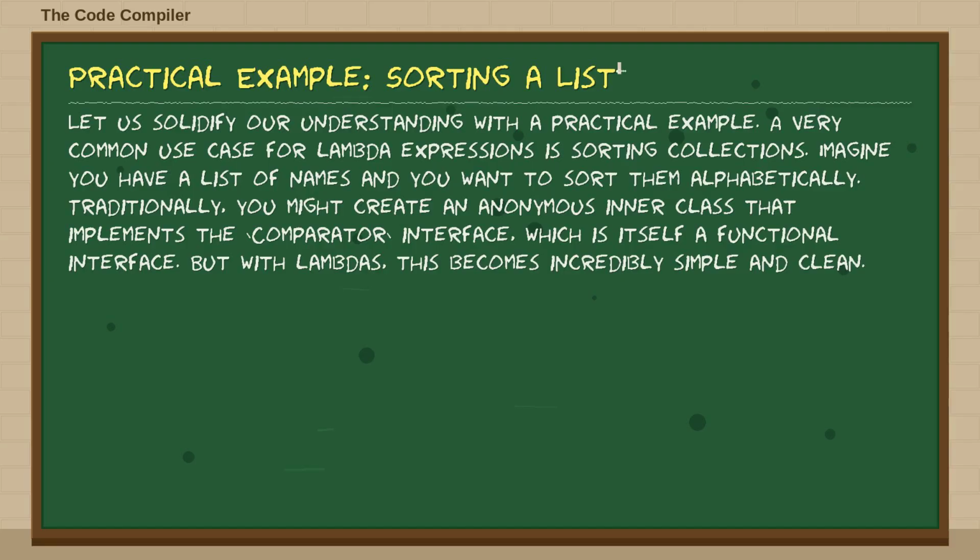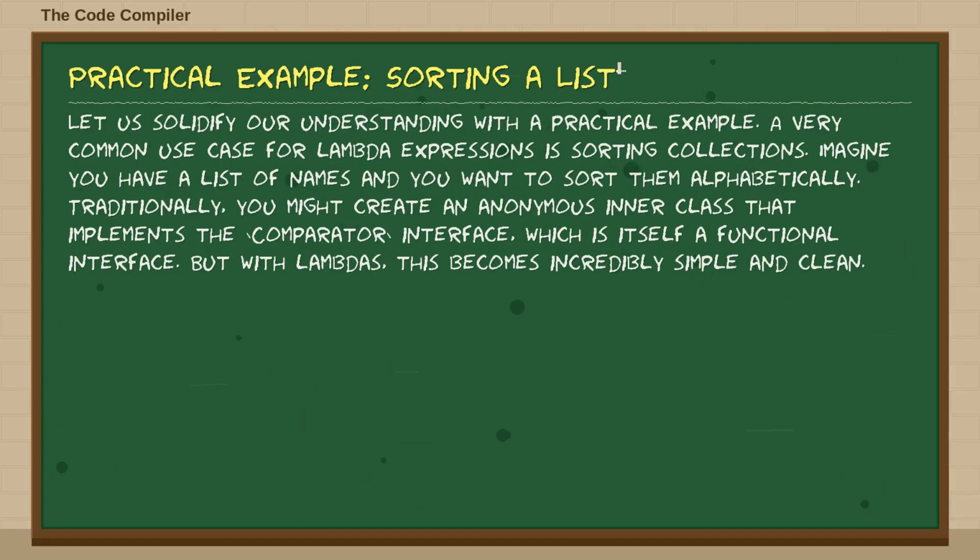Here, we have a list of strings, and we want to sort them. Instead of writing a verbose anonymous inner class for the comparator, we can directly provide a lambda expression to the Collections.sort method. The lambda expression (s1, s2) -> s1.compareTo(s2) directly implements the compare method of the Comparator interface.